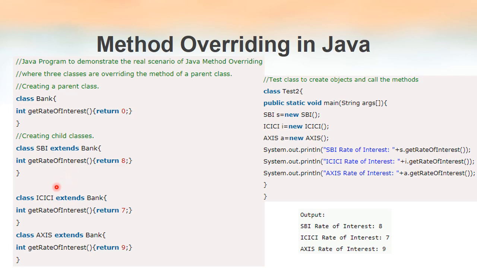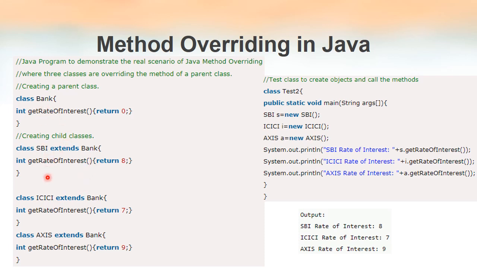Similarly, in ICICI Bank also, in Axis Bank class also, we are going to write our own method, that is getRateOfInterest. We are writing this method once again. Actually there is no need of writing this method, because all these three are the children of class Bank.